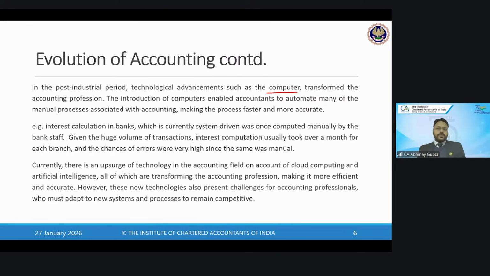But with the introduction of the computer, it completely transformed, more effective, more efficient, right? It saved a lot of man hours, and it made the process easy as well. You can get it completed within minutes, instead of him writing all the transactions by hand, right?